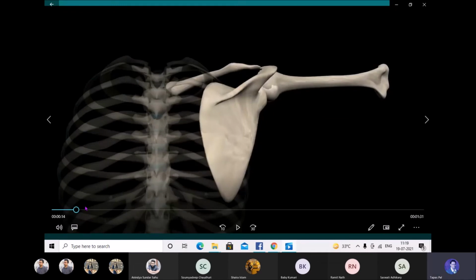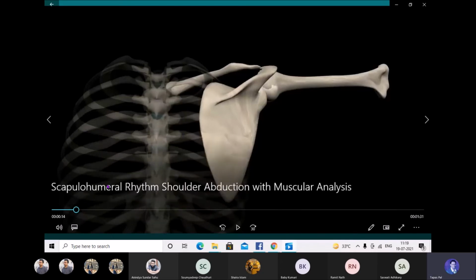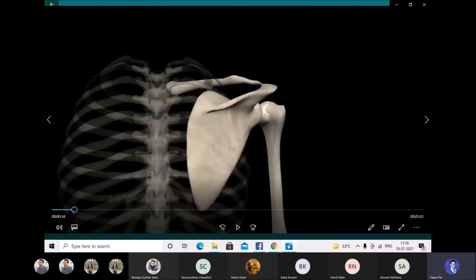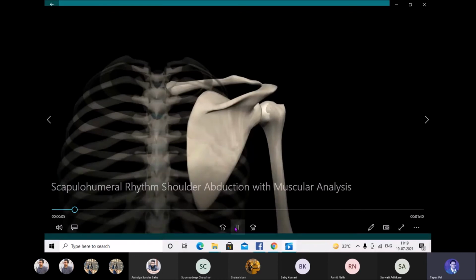That means whenever there is an initiation of the abduction motion, the contraction by the supraspinatus initiates the abduction. But after that, আমি যদি আরেকবার তোমাদের স্লো মোশনে এই জিনিসটা দেখাই, if I show you in slow motion, see this initiation, it's done by the supraspinatus.